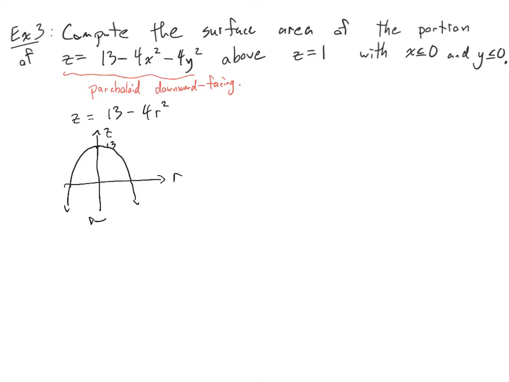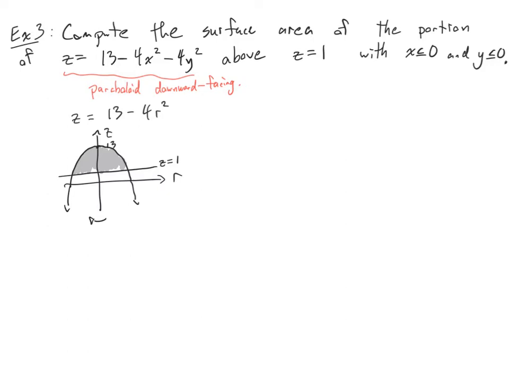What we care about is the portion of this that is above z equals 1. So we're only going to care about this bit up here after we spin it around. And then we're further restricting it to where x is negative and y is negative. So that's the portion above the third quadrant, if I can count my quadrants correctly.